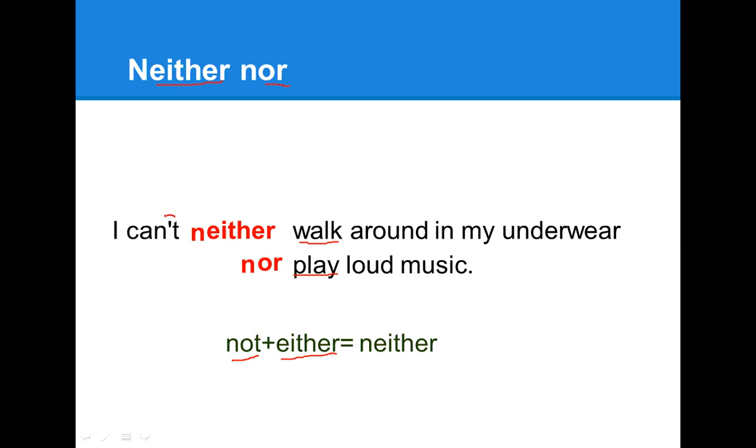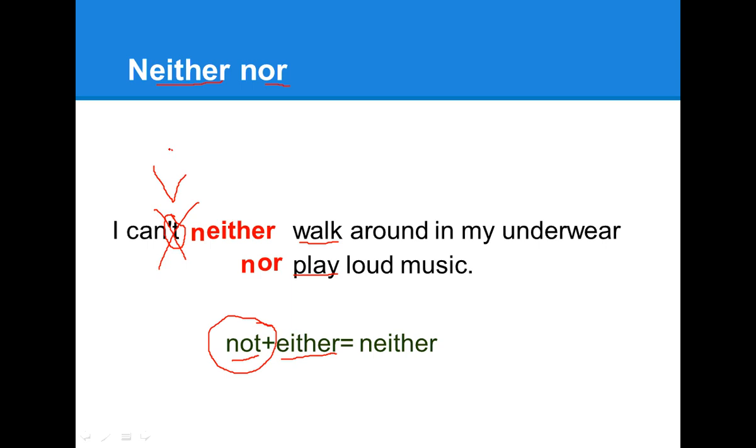That's a lot of negatives. So we need to get rid of it. Our final sentence becomes, I can neither walk around in my underwear nor play loud music. So when you're using neither nor, remember that it already has not in the meaning.